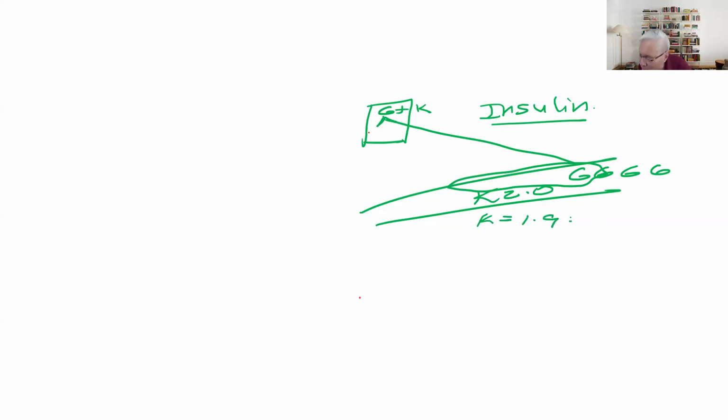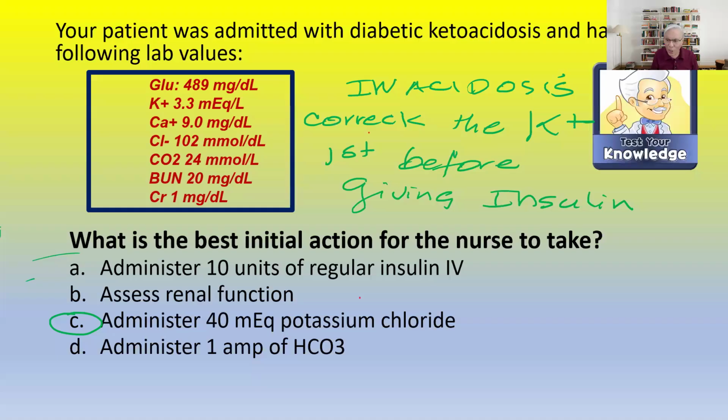You're going to kill the patient. Your patient's potassium level is already low at 3.3, and giving insulin would lower it further, possibly killing the patient with a life-threatening arrhythmia. So the first priority is to administer potassium and then to administer insulin.